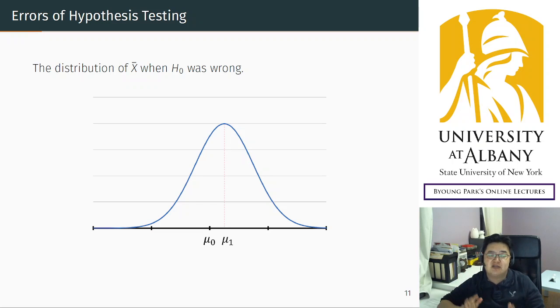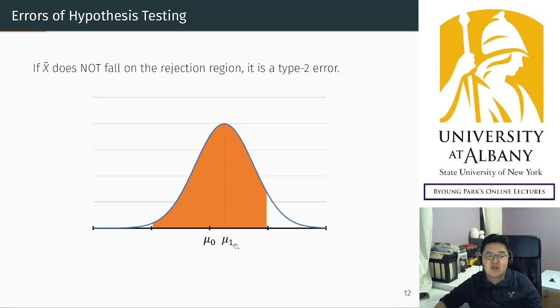Otherwise, you cannot reject the null hypothesis. The rejection region is here and there, and in between the critical values is the acceptance region. If the sample average is realized here, then you cannot reject the null hypothesis. That will be a type 2 error, because the null is wrong, but you cannot reject it. That probability is this shaded area.